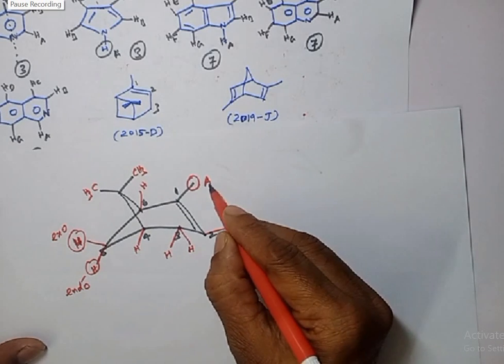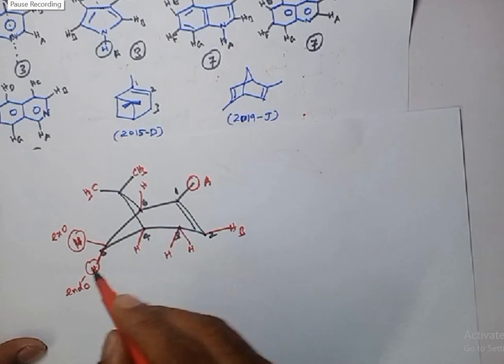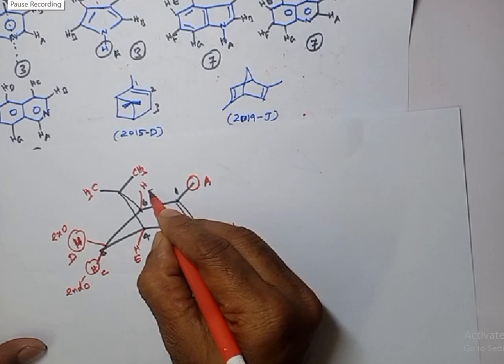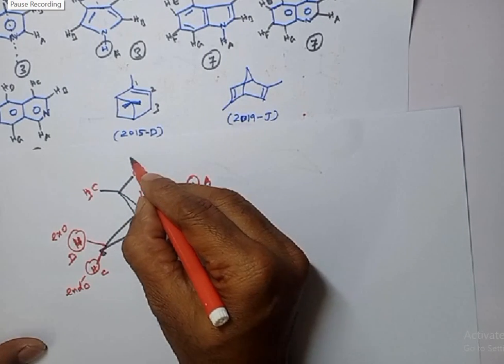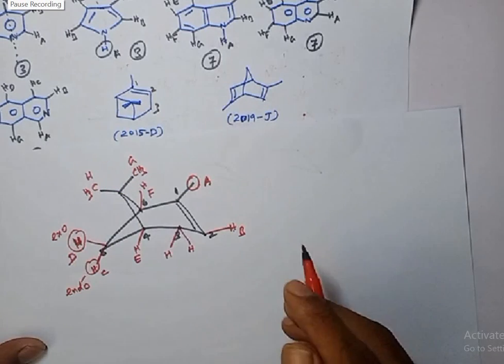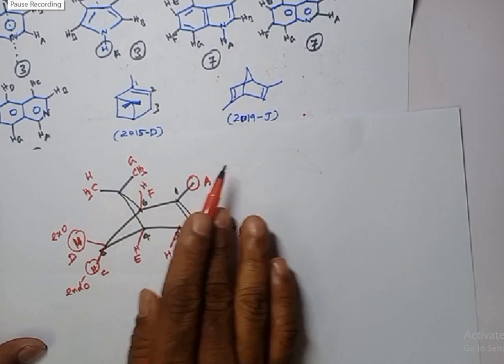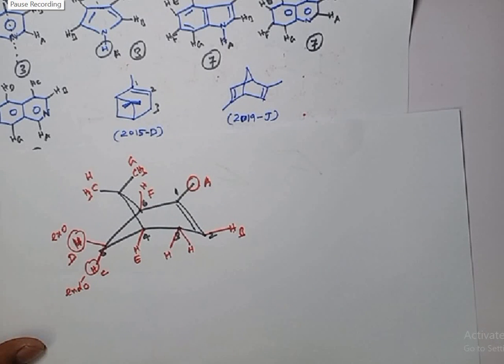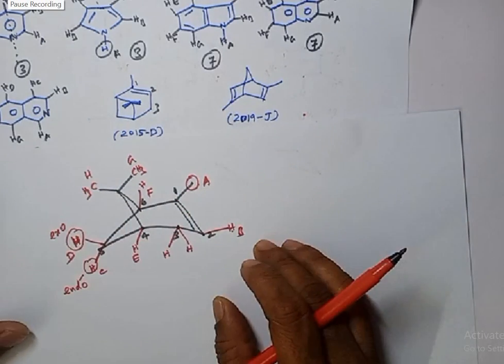So if this is A, this is B, then this will give one signal, C, D, E, F. Okay, then these two methyl groups, G, H. Okay, why are these two different? Because I have a double bond here. This methyl group is towards the double bond, and this methyl group is away from the double bond, so they are in a different environment. Okay, due to the anisotropic effect, this methyl and this methyl appear at different chemical shift values.